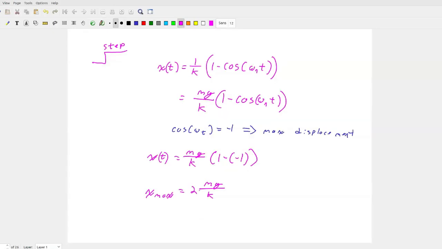So if you are designing a truck, right, or kind of any dynamic system subject to a step response, your max displacement is twice your static displacement.